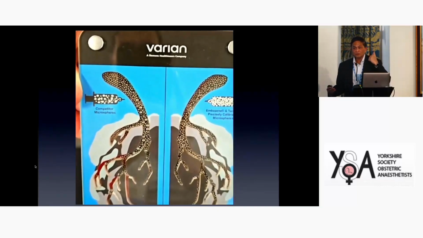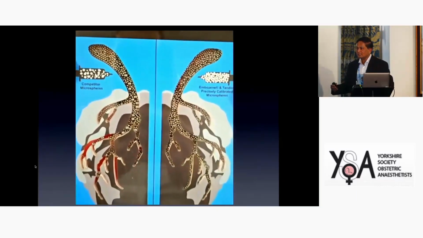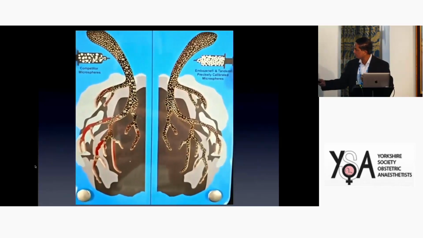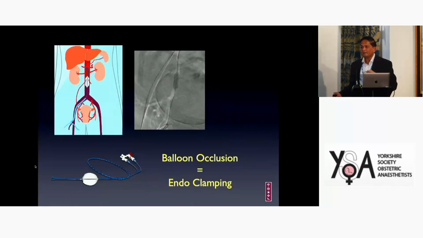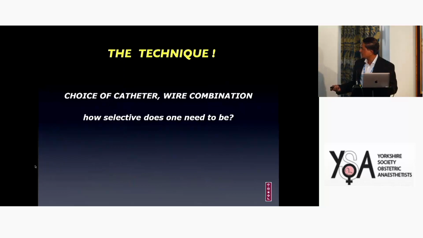So one, you can block it where you want it to be. Second, you can float it down and block where you can. And third is we can do balloon occlusion. That is what we call an endoclamp. You can put a balloon in the aorta, you can put a balloon in any of the iliac arteries and clamp the arteries. That's called an endoclamp.